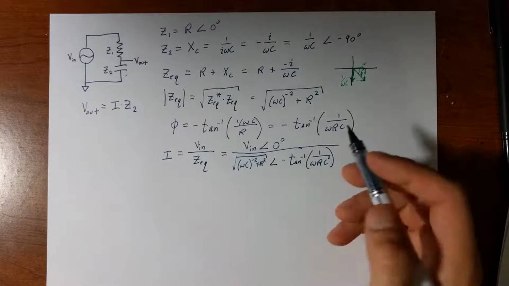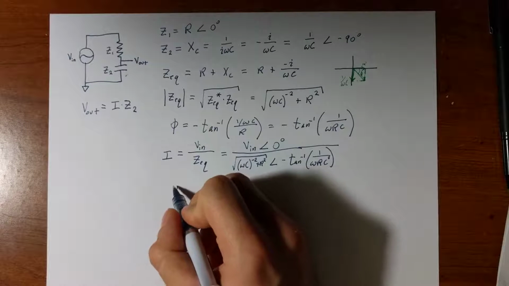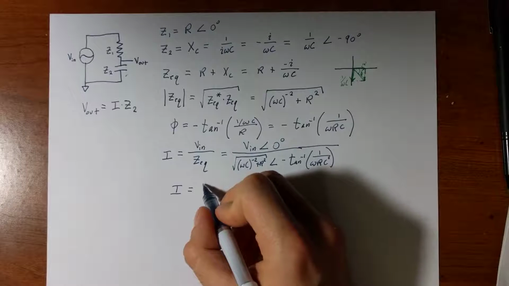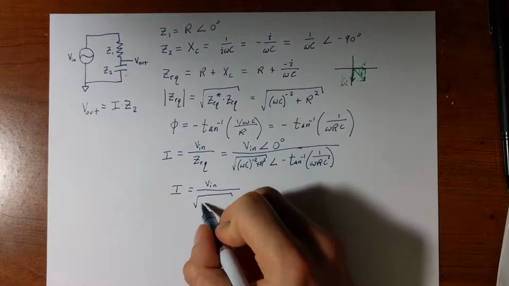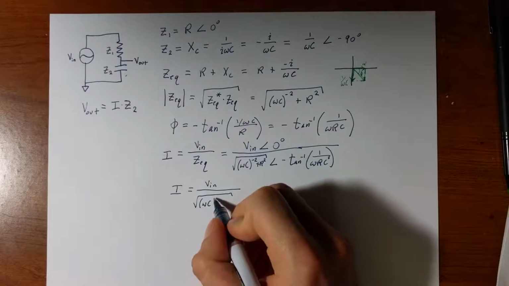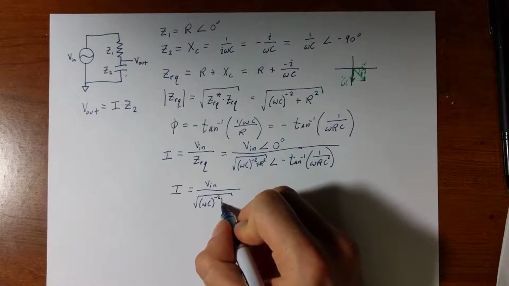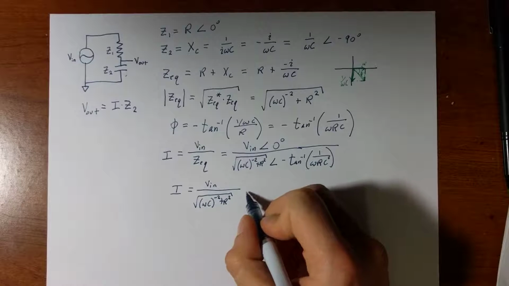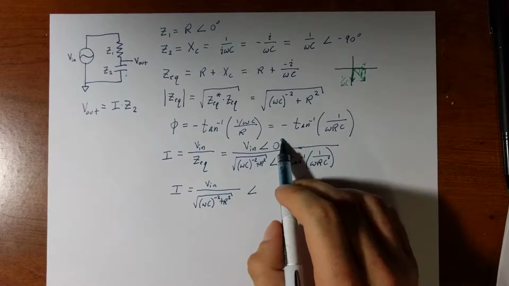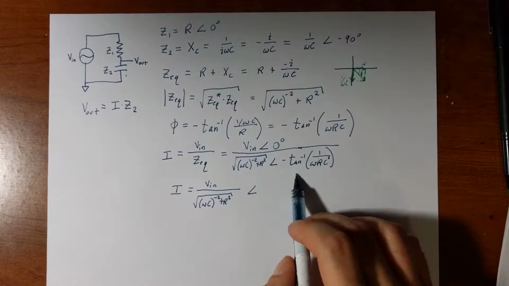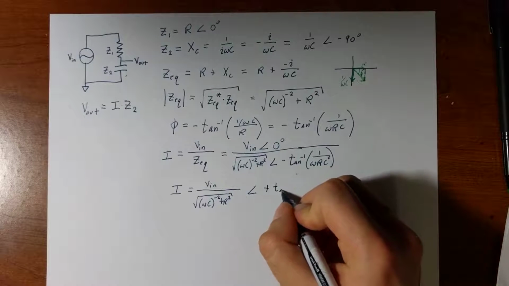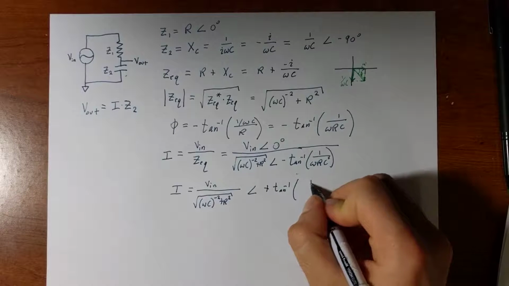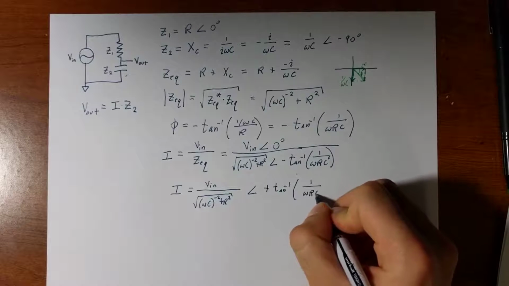I just do this division, and so I get that my current is equal to V in divided by the square root of omega c to the negative 2 plus r squared at an angle of 0 minus my negative tan. So I end up with a positive inverse tangent of 1 over omega rc.